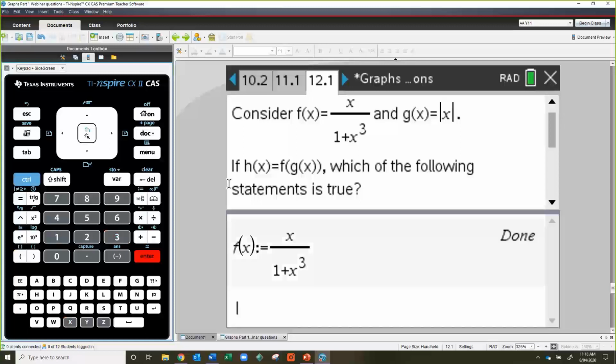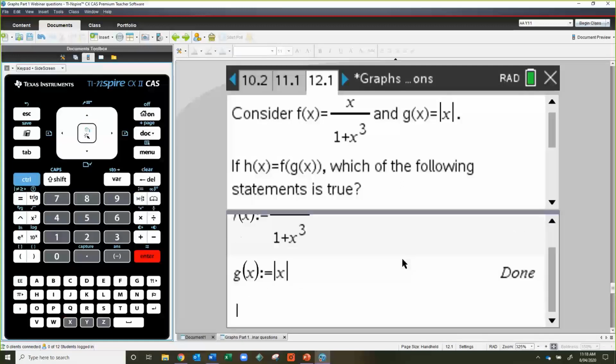So this is f in x, and I define g in x as absolute value of x, and then I create a composition. H in x is equal to f in g in x.